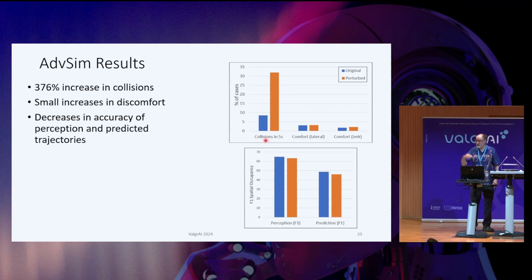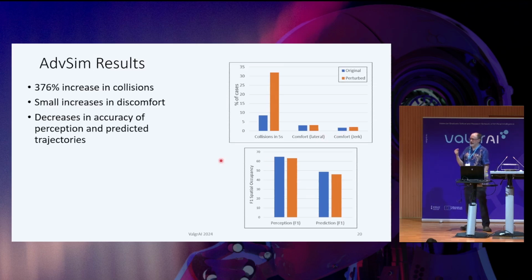Collisions within 5 seconds, comfort for the passengers in the car in terms of the side-to-side comfort, and jerk comfort, which is the sudden starts, sudden stops. And they were able to increase the probability of collisions, or the percentage of collisions, by 376%. And they're without really much change here in these other 2 measures.